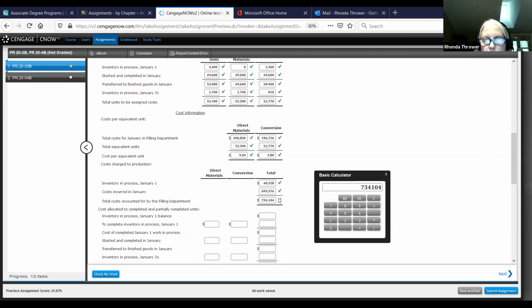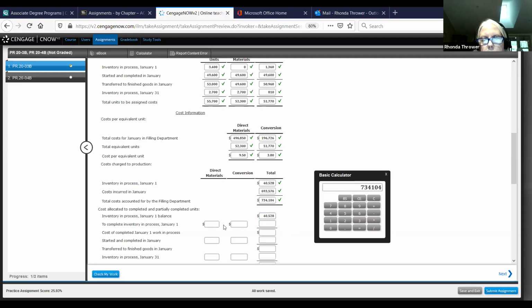So this information here is going to be broken down and looked at separately so that we can analyze the cost for this department. So we're going to start with our beginning inventory cost that was given to us. And the amount of that was $40,528. That was our beginning inventory cost.